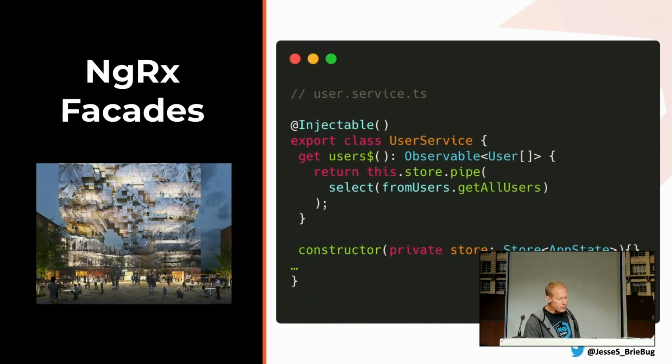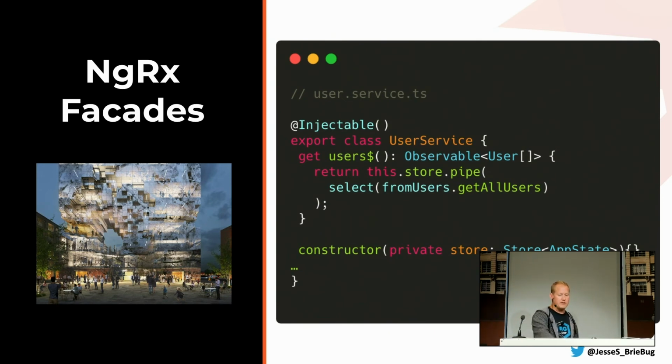Here I've got a regular old service called user service, and I don't have the private member variable that I had before. Now I just have my get property, get users$, which looks exactly like it was before, but instead of returning the behavior subject as an observable, now I'm actually having it use the store.